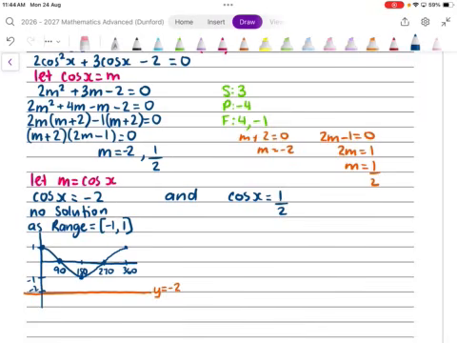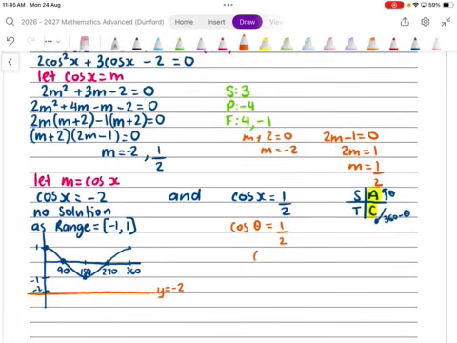All right, now we have cos x equals a half. So we're operating in degrees. We need our ASTC to see where our angles are going to be. It is in our A and C quadrants. So it will be our theta, and it will be 360 minus theta, because we're operating in degrees. So cos theta will equal a half. It was positive, so theta will equal, shift cos of a half, 60 degrees.